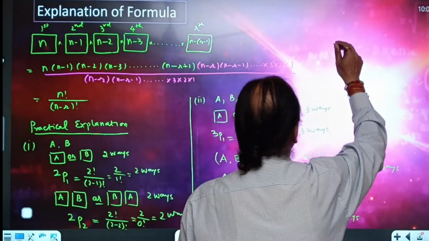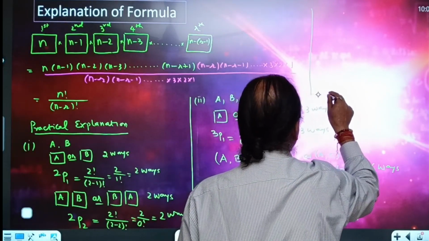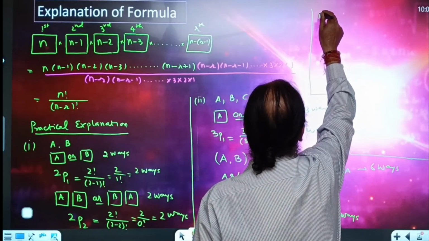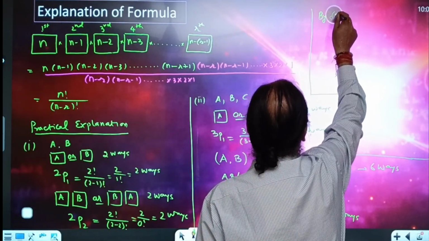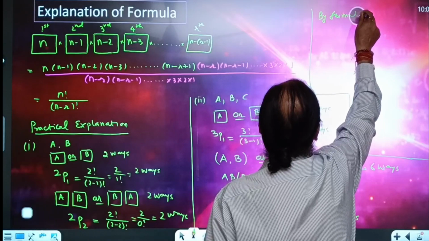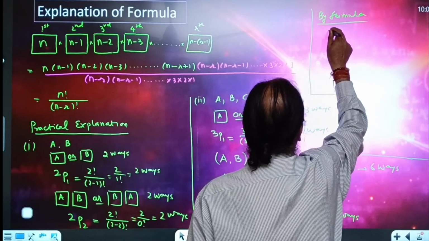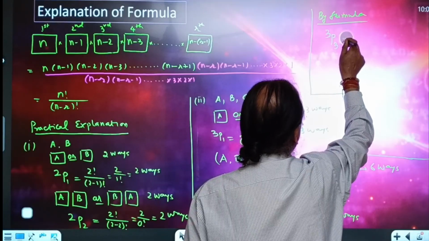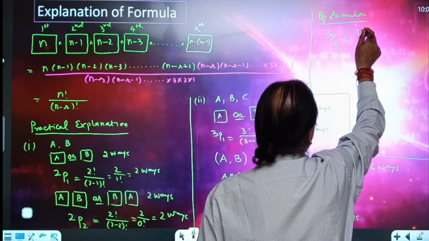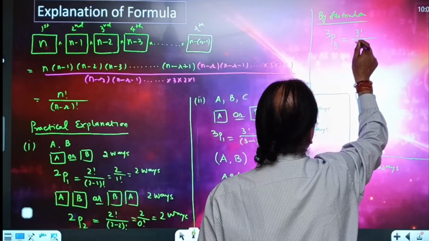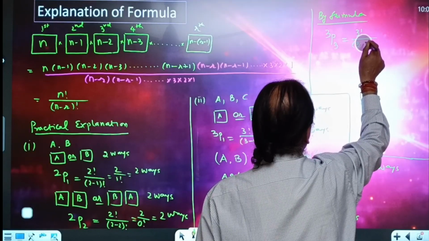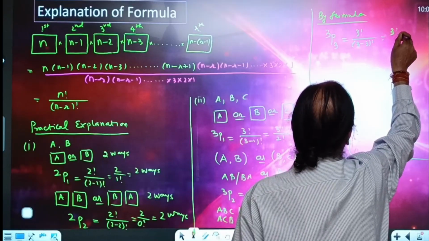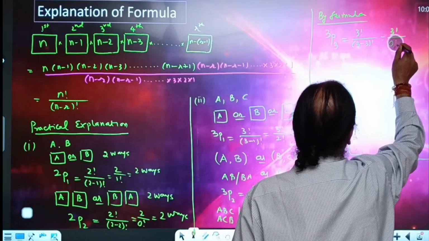By formula, out of 3 persons, all 3 persons can be arranged in 3P3. 3 factorial upon 3 minus 3, 3 factorial upon 0 factorial.